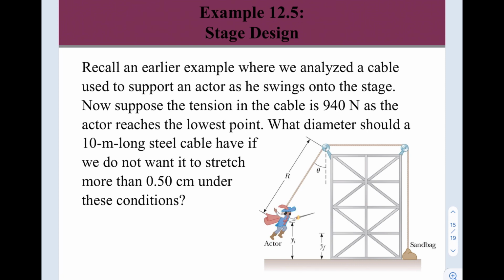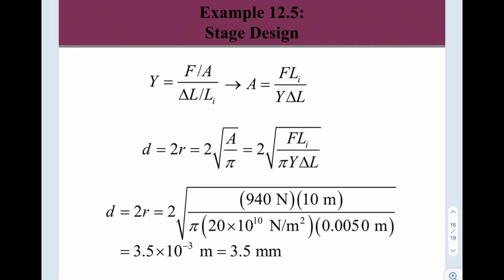Example 12.5, stage design. Recall an earlier example where we analyzed a cable used to support an actor as he swings onto the stage. Now, suppose the tension in the cable is 940 Newton. As the actor reaches the lowest point, what diameter should a 10-meter long steel cable have if we do not want it to stretch more than 0.5 centimeter under this condition?